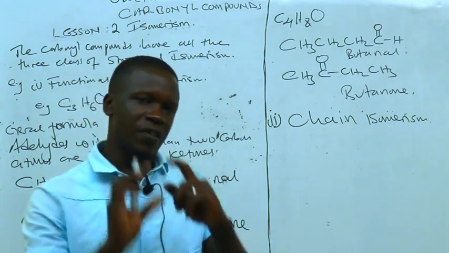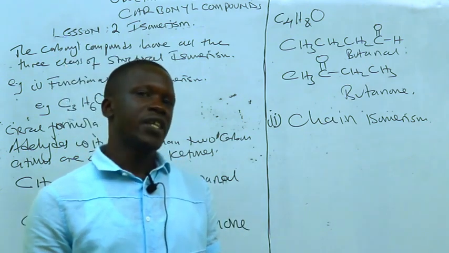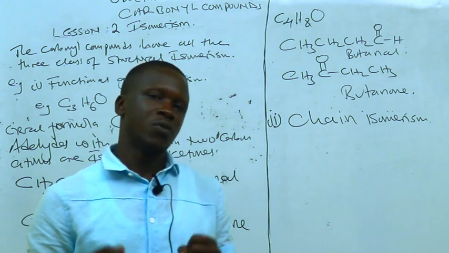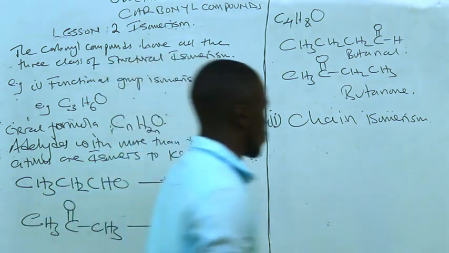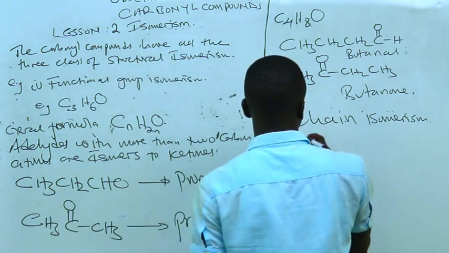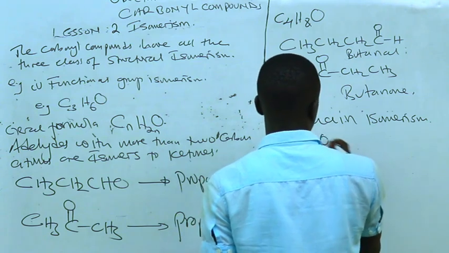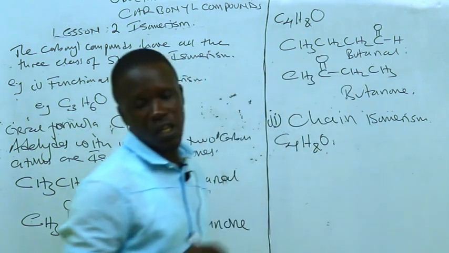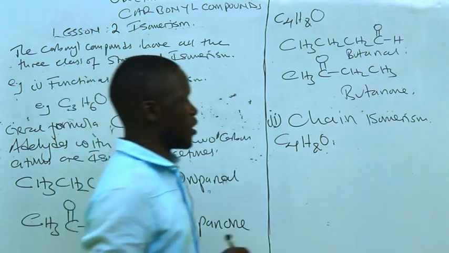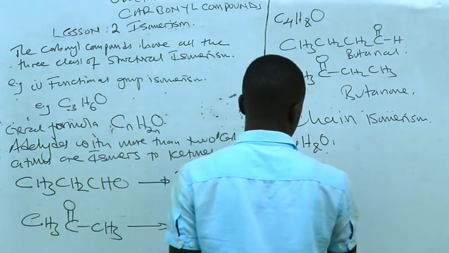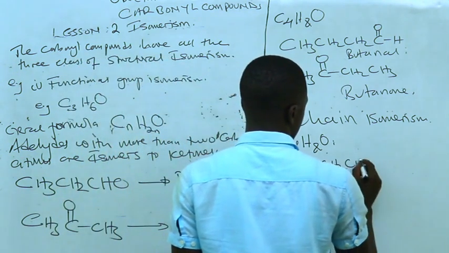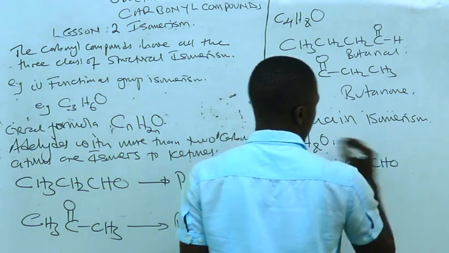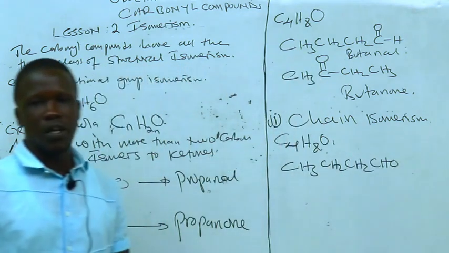Here, we are not after the functional group. We are after the arrangement of the carbon atoms within the carbon chain. So if we are to consider the general formula C4H8O, the first corresponding compound here would be an aldehyde with CH3, CH2, CH2, CHO. That is an aldehyde.